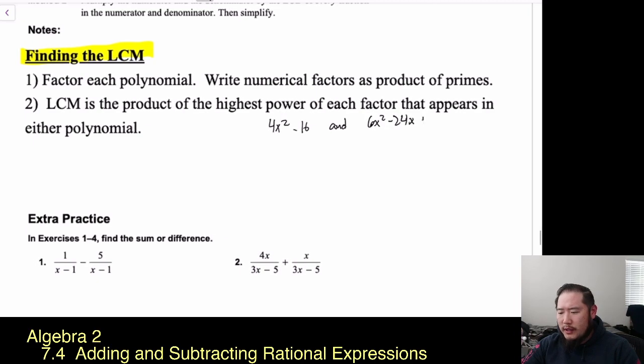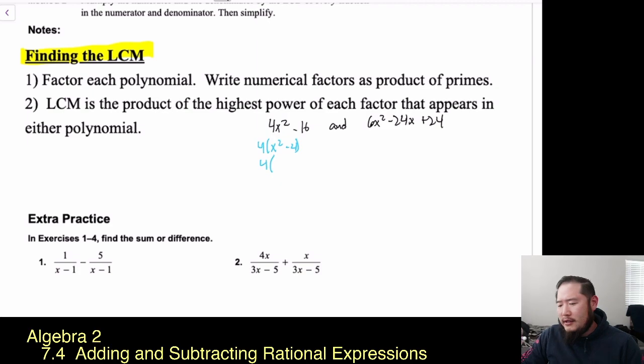So 4x squared minus 16, I could factor out a 4, and I'm left with x squared minus 4. And then x squared minus 4 is a difference of two squares, one of our special factors that we've talked about many a time. So this factors into x plus 2 and x minus 2.